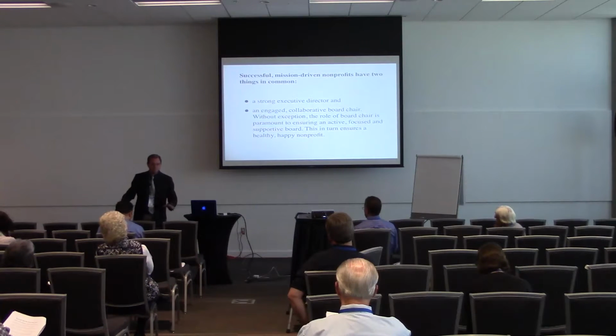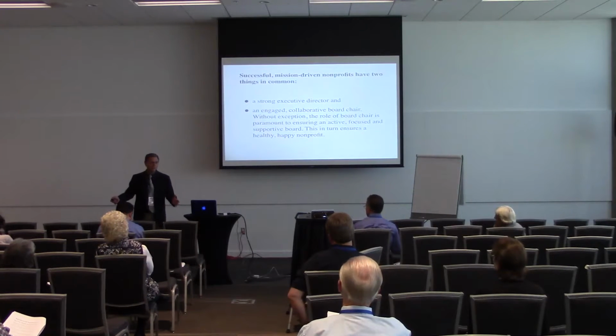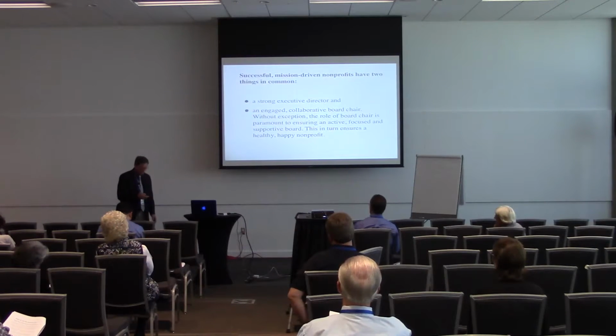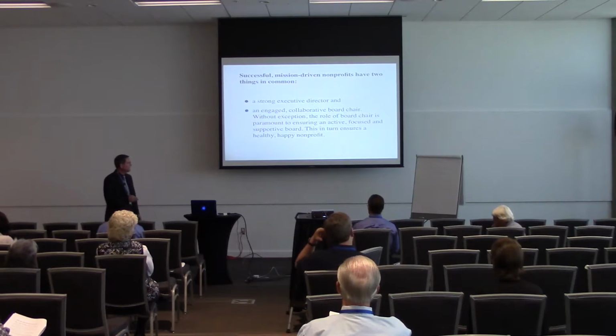We want everybody's input. Somebody makes a motion, another guy seconds it, and before you know, something's down the track, and it's harder to back up than it is to pause things. So you need a good board chairman. All right. Your board chairman should be active, focused, supporting what's happening there at the board.